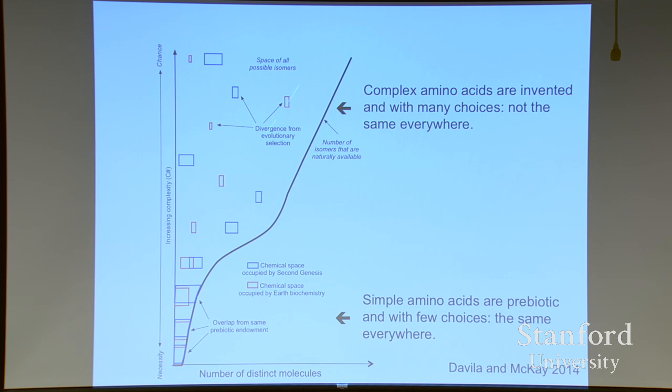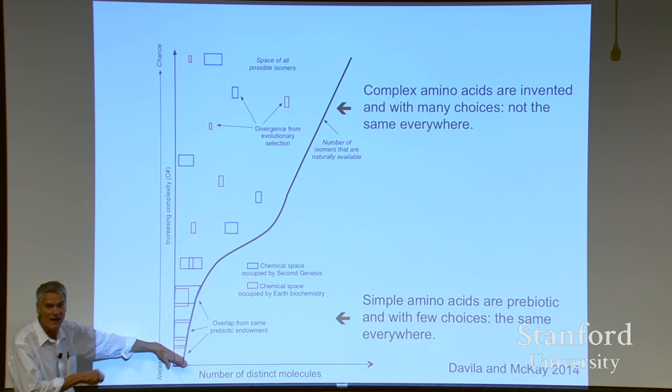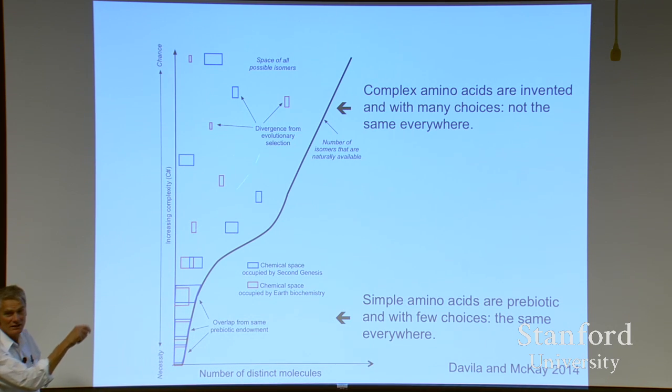Now, when you get up to those large numbers, the way we think of this is life inherited the simple ones from the prebiotic soup, and then it invented these using evolutionary processes. So it made a selection for these. The odds that other life would select the same from the combinatorially diverse set is vanishingly small.